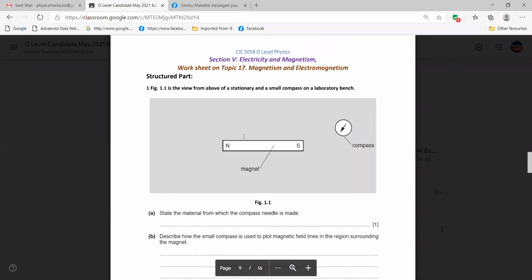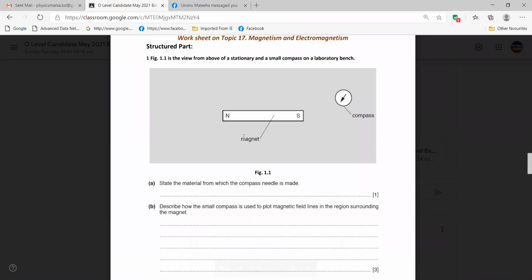Then the structured part. I think I can do the structured part by myself for now. Yeah, you can. I need to know about that electromagnet. I had some problem with that electromagnet.